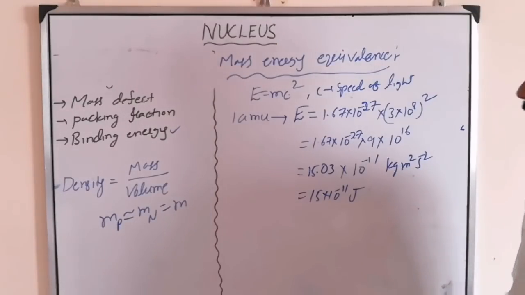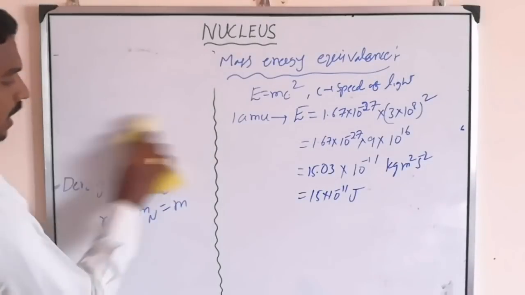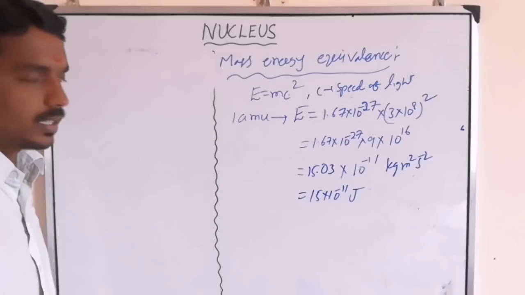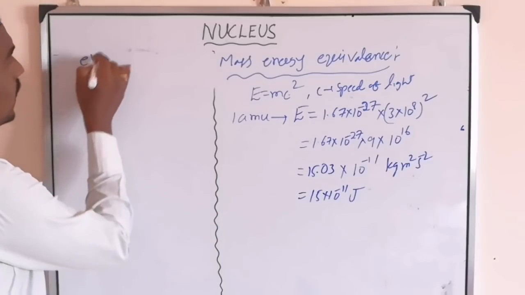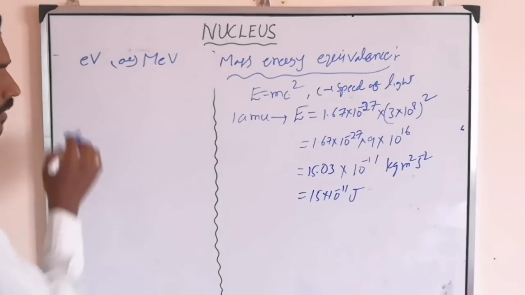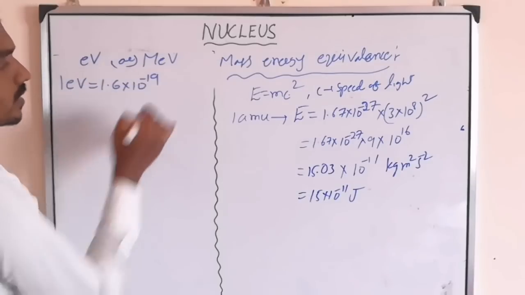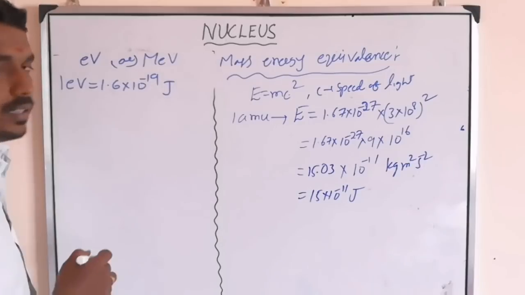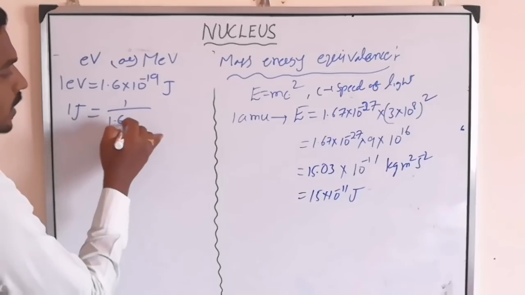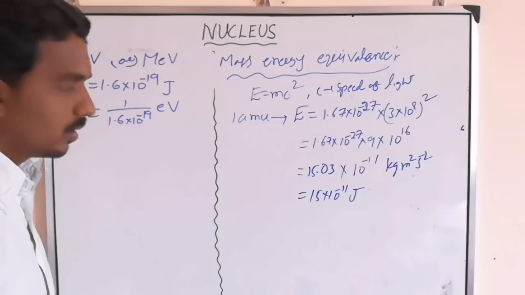But most of the time these nucleus energies we measure in terms of electron volt or mega electron volt, where 1 electron volt equals 1.6 into 10 power minus 19 joules, or 1 joule equals 1 by 1.6 into 10 power minus 19 electron volt.